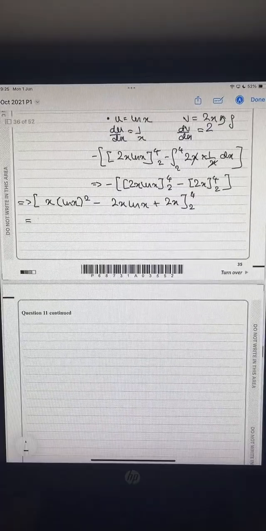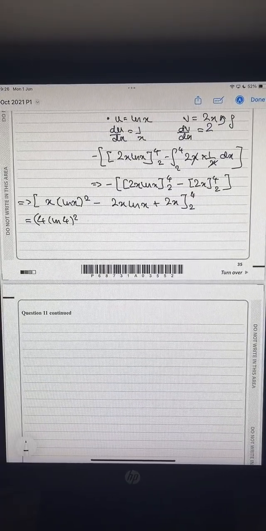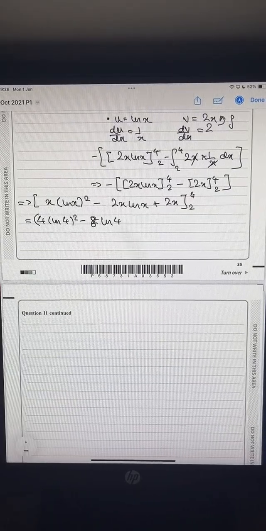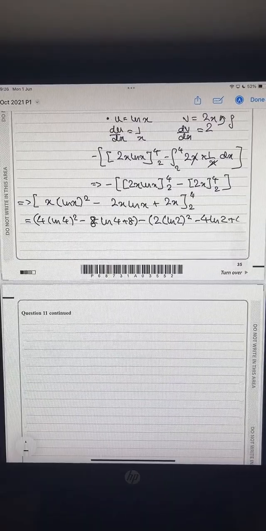So I've got 4 ln 4 squared minus 8, sorry, ln 4 plus 8 minus 2 ln 2 squared minus 4 ln 2 plus 4.